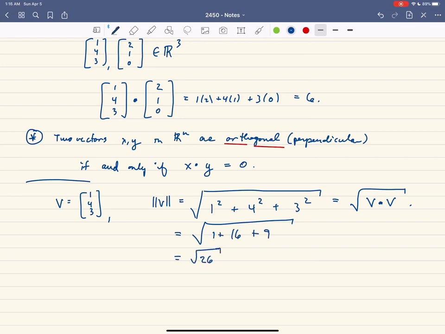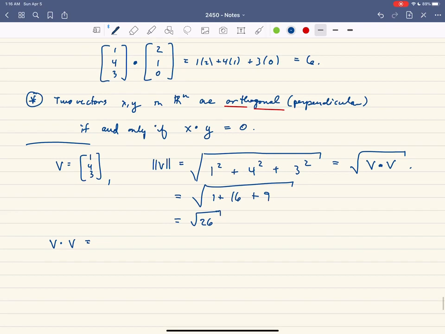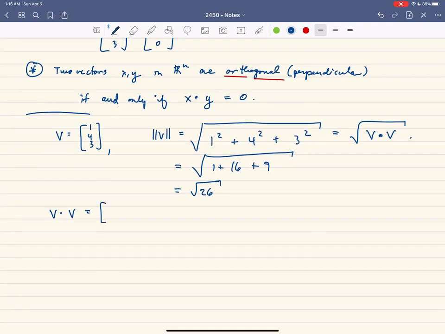And I could think of this dot product in a few ways, but I could think of v dot v as actually, and this is genuinely what the dot product is, the matrix product of the matrix [1, 4, 3] and [1, 4, 3]. Right, so this is really just the matrix product of V transpose times V.